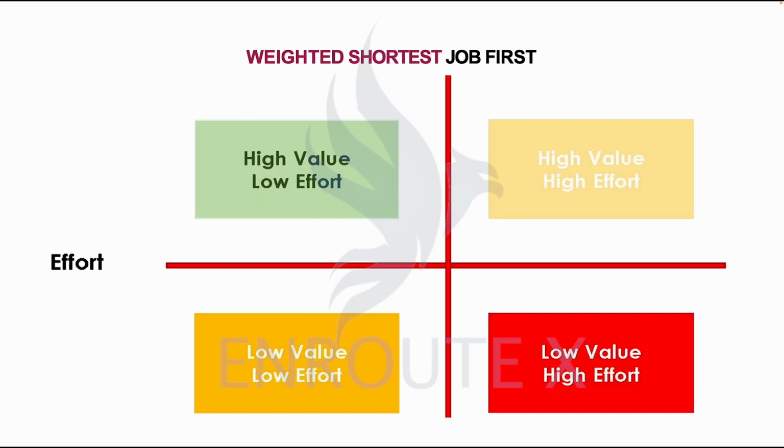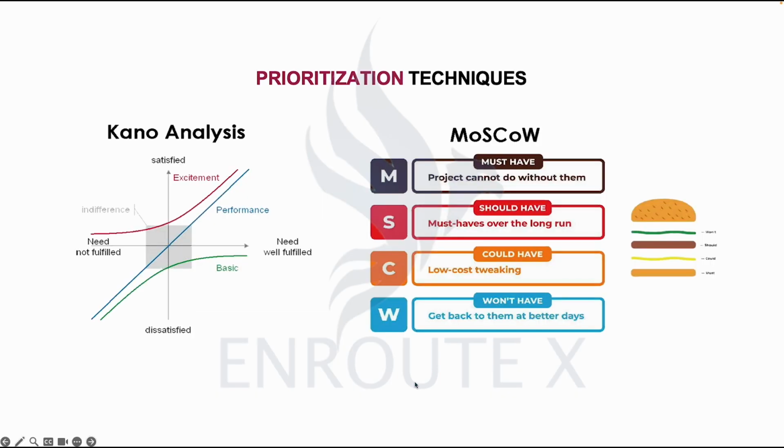And from WSJF, which stands for Weighted Shortest Job First, we will move to the next two prioritization techniques we'll be looking at. The second one is what we tag as Kano analysis.